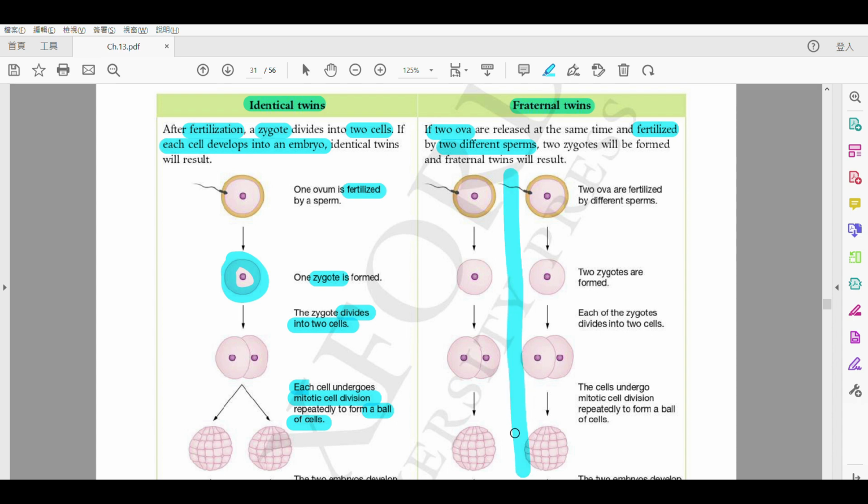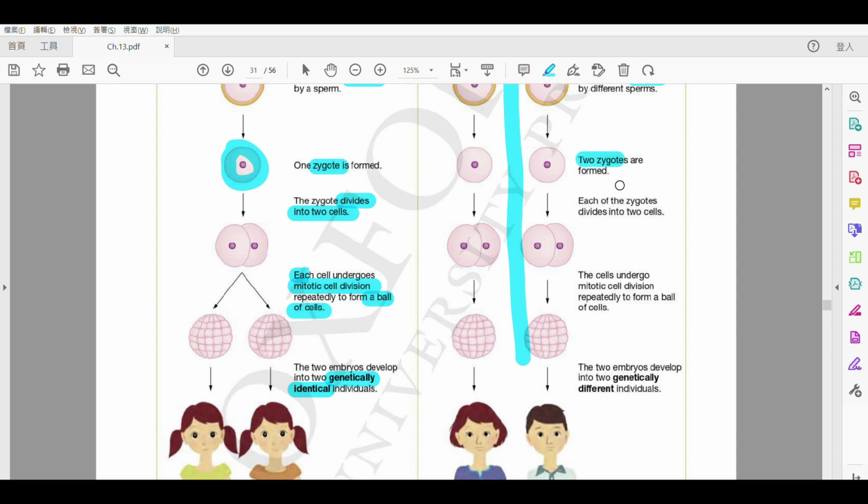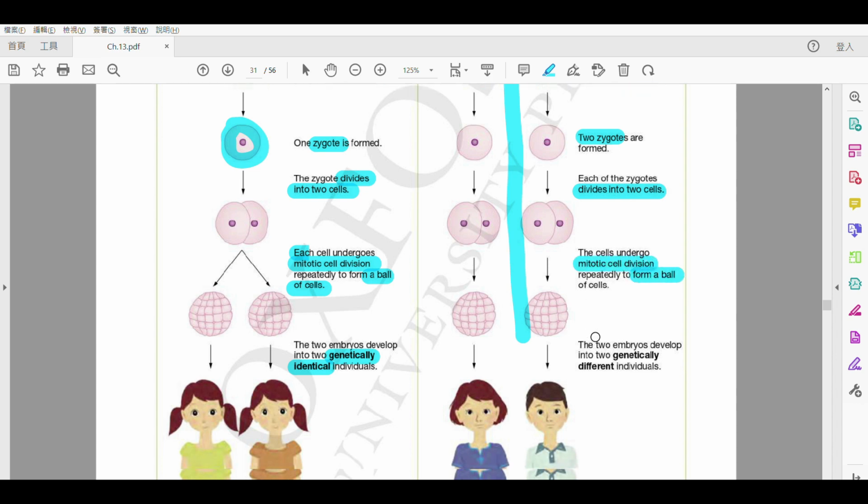佢哋完全係分開咗嘅。Alright, so what happened is that two ova are fertilized, two zygotes are formed, and then two zygotes keep on carrying out 一個嘅 mitosis 啦，然後 forming a ball of cells, and this time they are genetically different. 今次啦，佢哋就會係唔相同啦。Why?